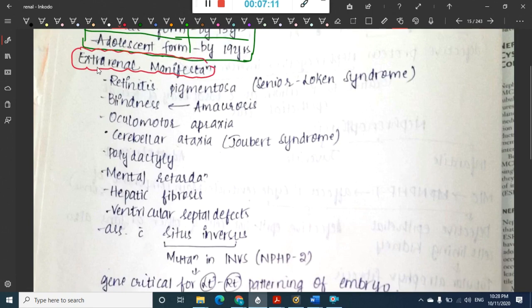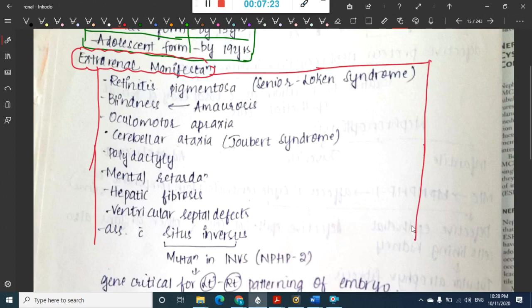In nephronophthisis there is retinitis pigmentosa. Nephronophthisis associated with retinitis pigmentosa is a syndrome called Senior-Loken syndrome. It is also associated with blindness because of amaurosis.